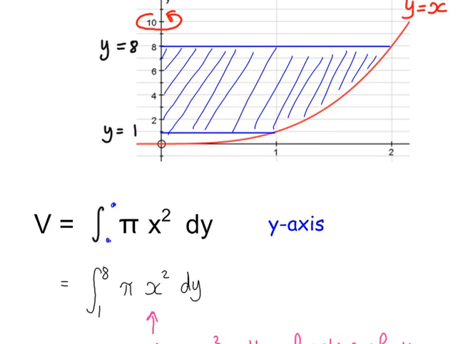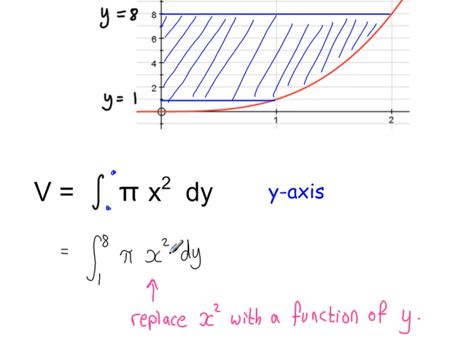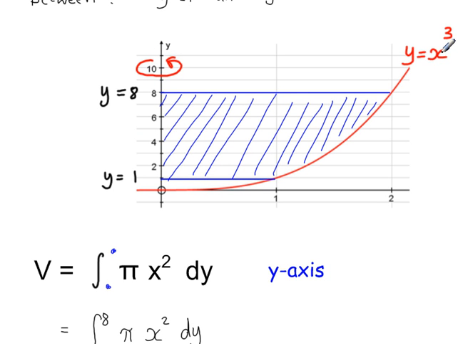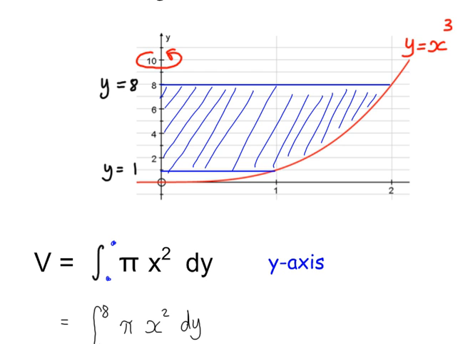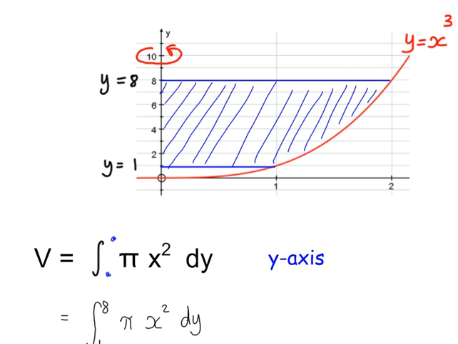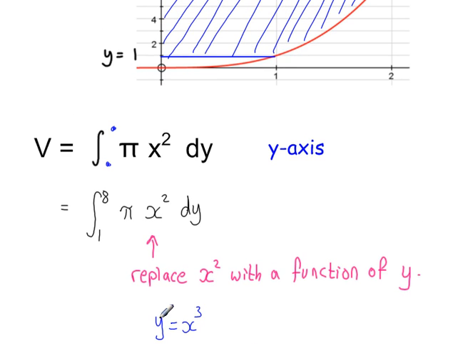So we know we need to replace the x squared with some function of y. Because that says dy, we're going to be integrating terms with respect to y. The equation of this curve is y equals x cubed. So we need to rearrange this so we've got x squared is equal to something. I'm going to start off by trying to make the power there, the 3, into 1.